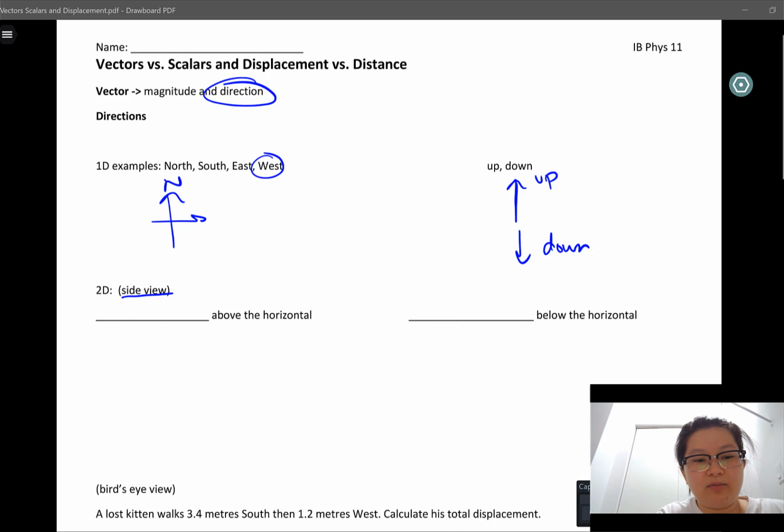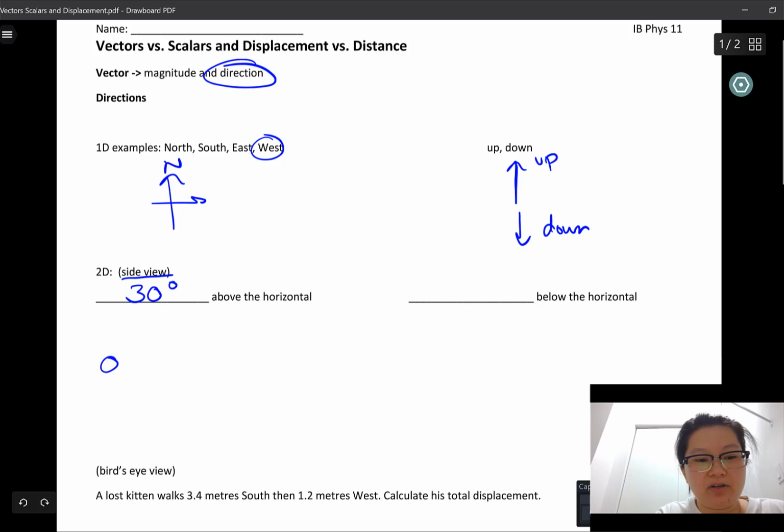Now, let's take an example. I'm just going to write 30 degrees as an arbitrary example. I have a person standing here doing a side view, and like Norwas, he sees this dragon flying at him. My terrible attempt at drawing this dragon looks like some bird.